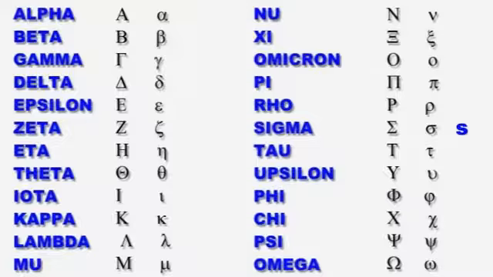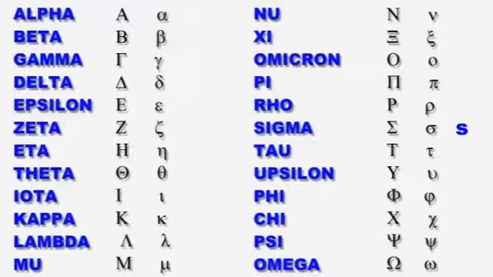Pi is spelled out P-I. Rho is spelled out R-H-O. Sigma is spelled out S-I-G-M-A. Tau is spelled out T-A-U. Upsilon is spelled out U-P-S-I-L-O-N. Phi, like fee, fi, fo, fum.